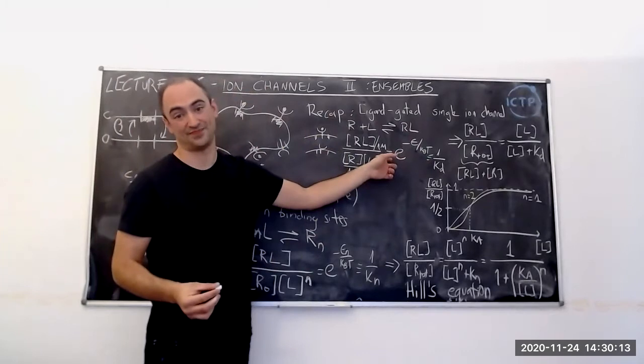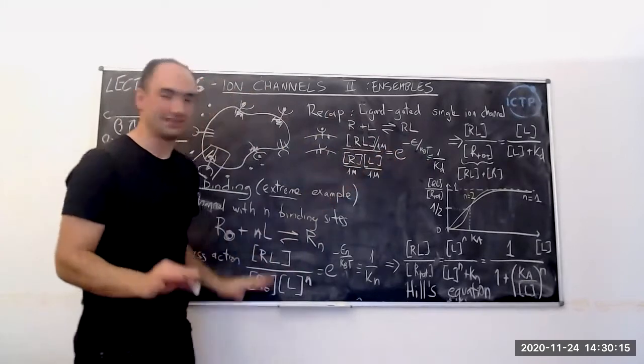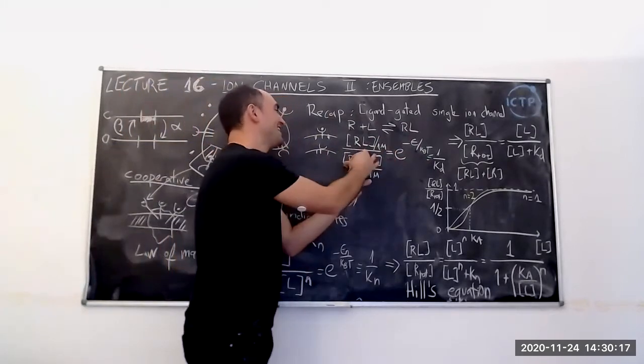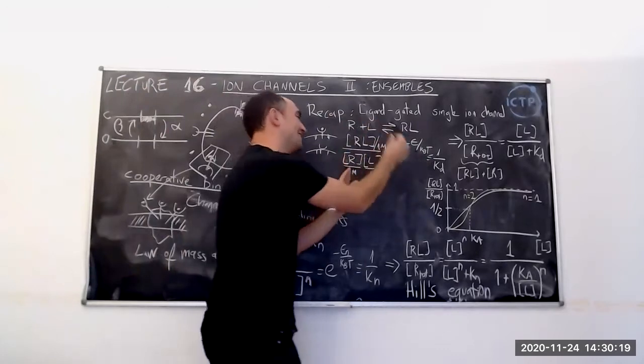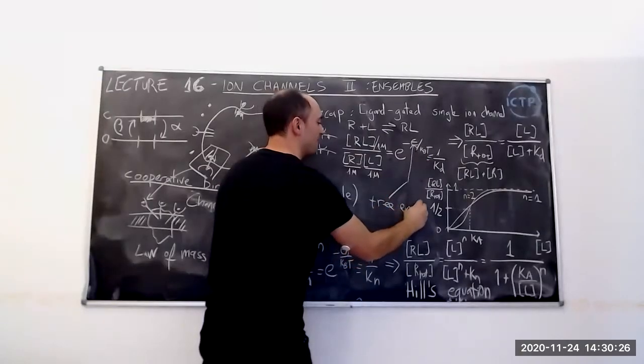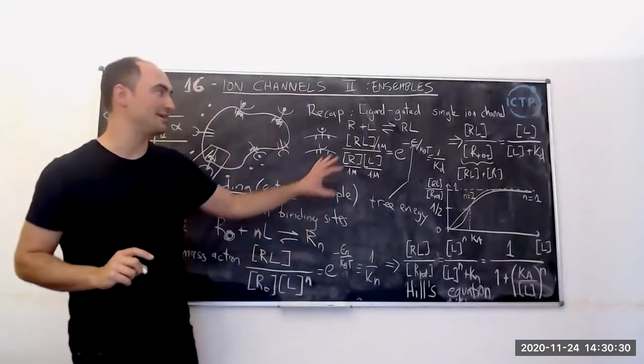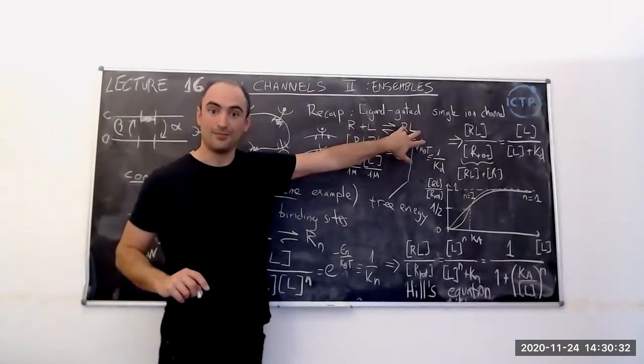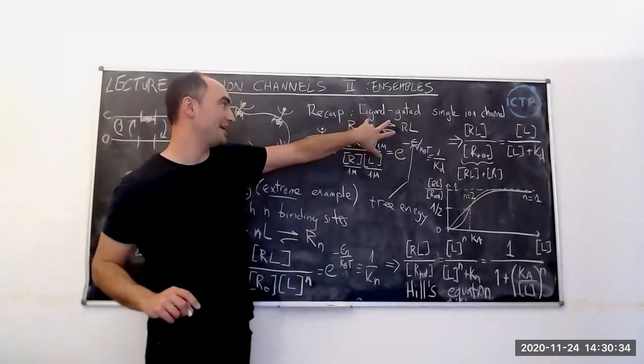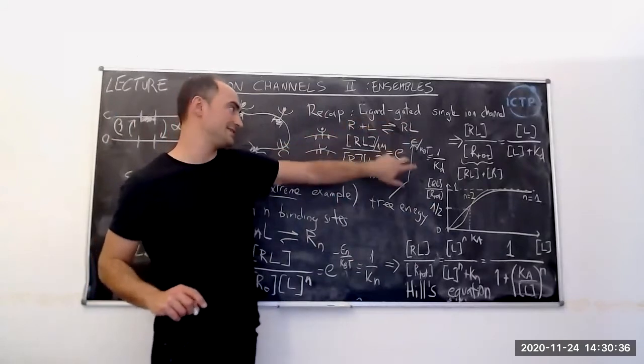It's called the law of mass action. There are no rates here. The only thing is the free energy of the reaction, which is the free energy of RL minus the free energy of R minus the free energy of L. This is this epsilon here.